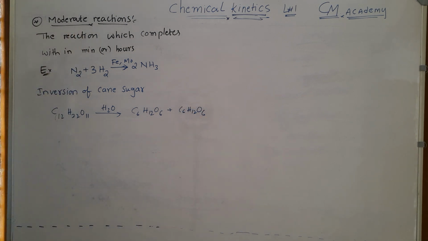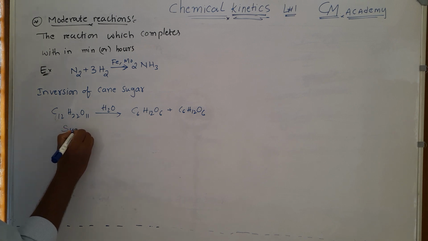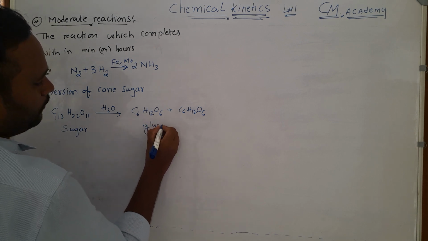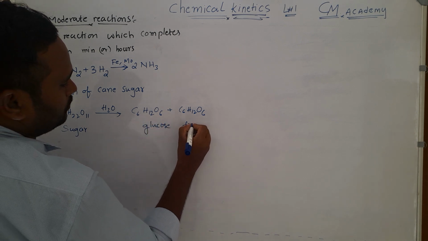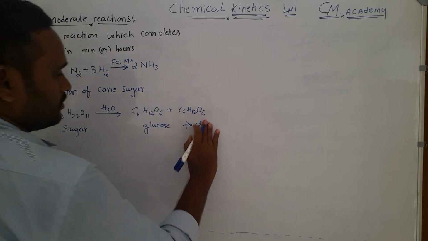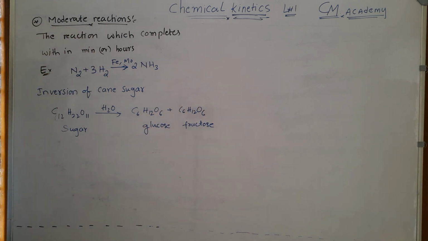This is called inversion of cane sugar. Here the sugar molecule is dividing into glucose and fructose. This is called inversion of cane sugar.